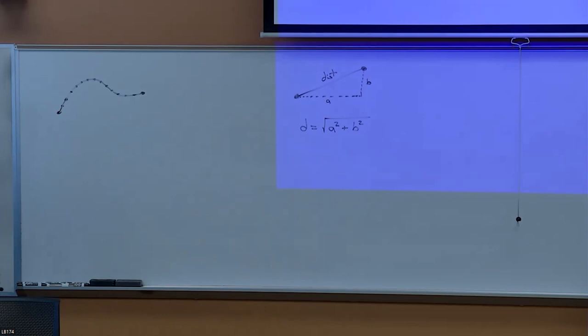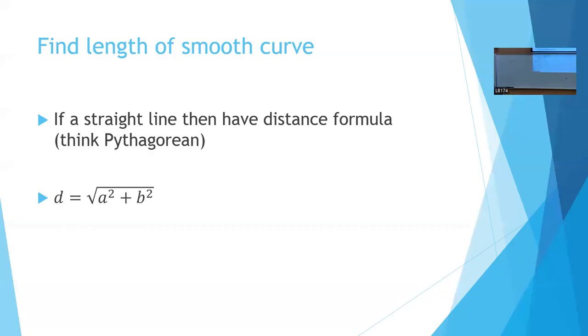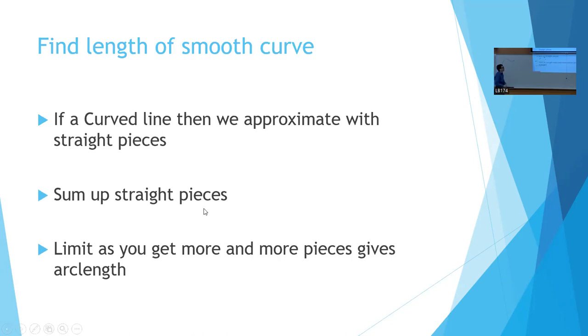And that, as the limit goes to 0 and the sum goes to infinity, is going to turn into the arc length.